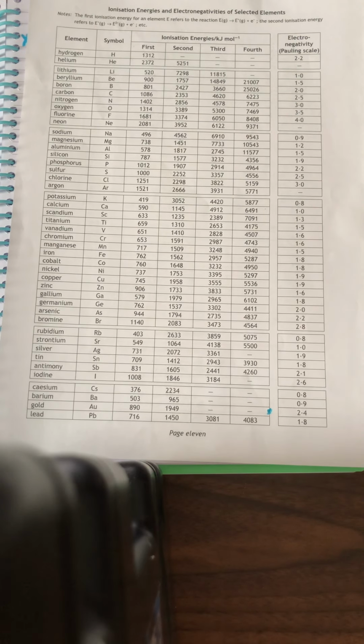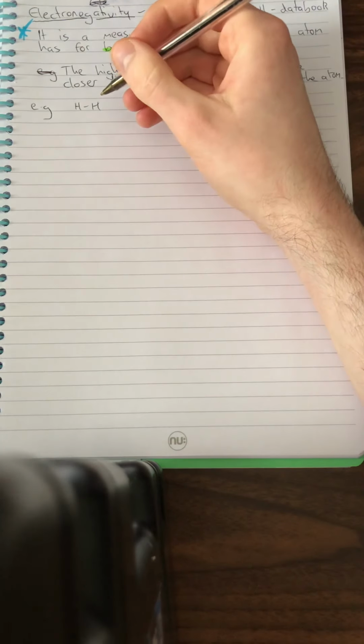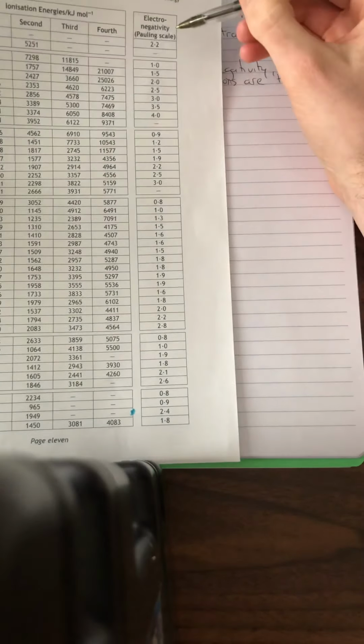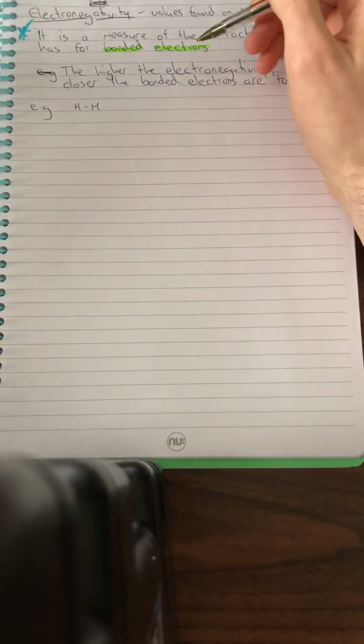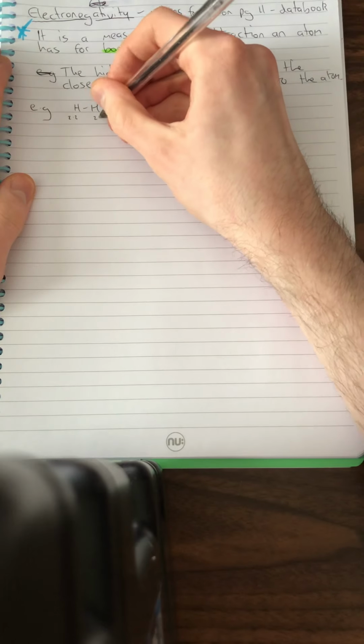So the higher the electronegativity value, the greater the attraction that atom has for bonded electrons. So what we mean by that: H and H has an electronegativity value of 2.2. H is 2.2, H is 2.2.